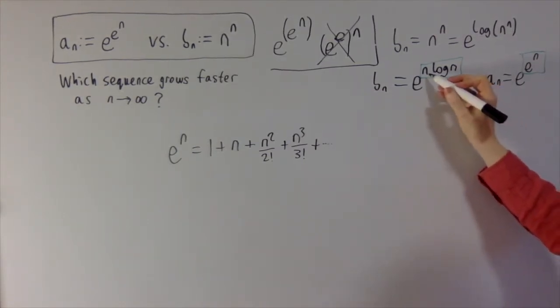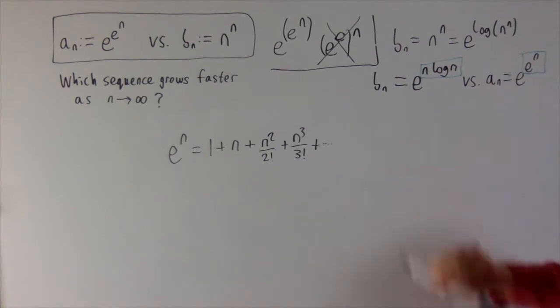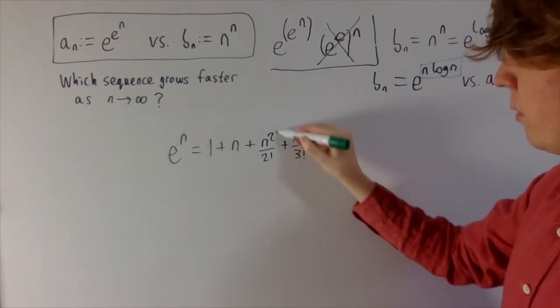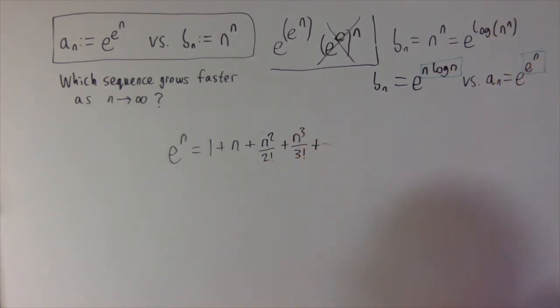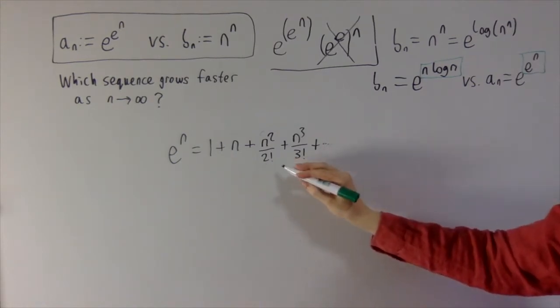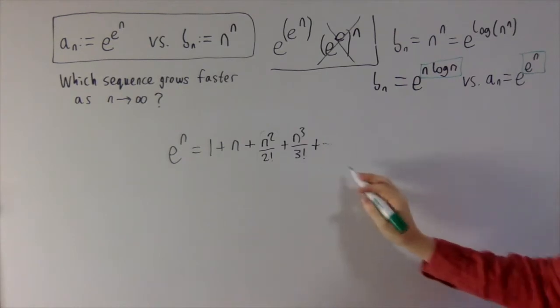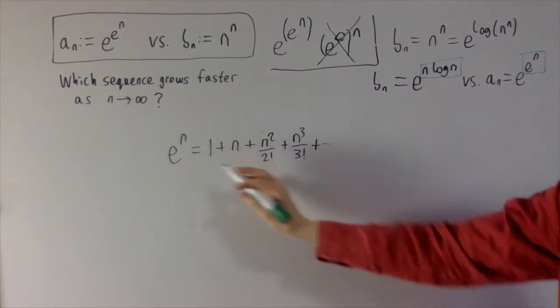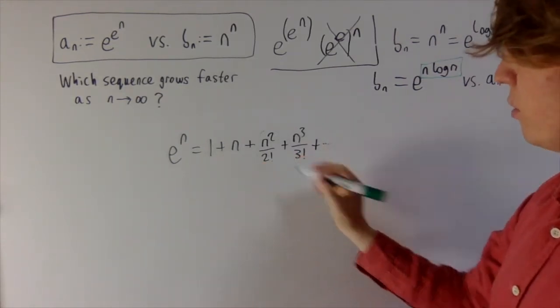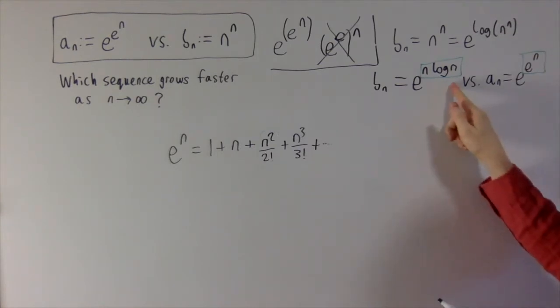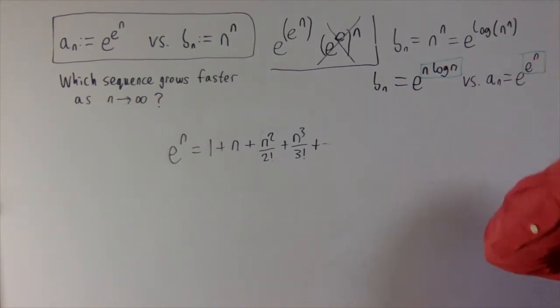So let's compare this with the n term here. Well, actually we've got an n squared over 2 factorial term here, so this thing is definitely going to grow to infinity much, much bigger than n. And then we've added a load of positive stuff to that as well in e to the n, so this term is definitely bigger than n. But then we've still got this log n term to deal with.